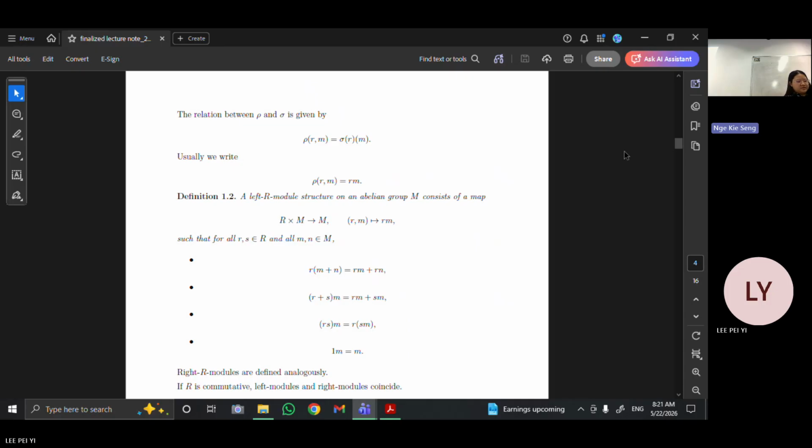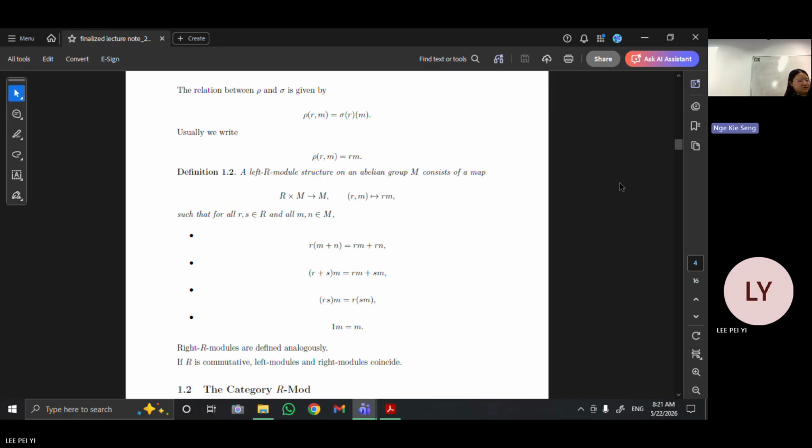This claim tells us that the ring action can be described concretely using scalar multiplication: instead of writing sigma(r)(m), we usually write it as below. So the abstract homomorphism sigma becomes ordinary scalar multiplication, and this is exactly analogous to linear algebra.